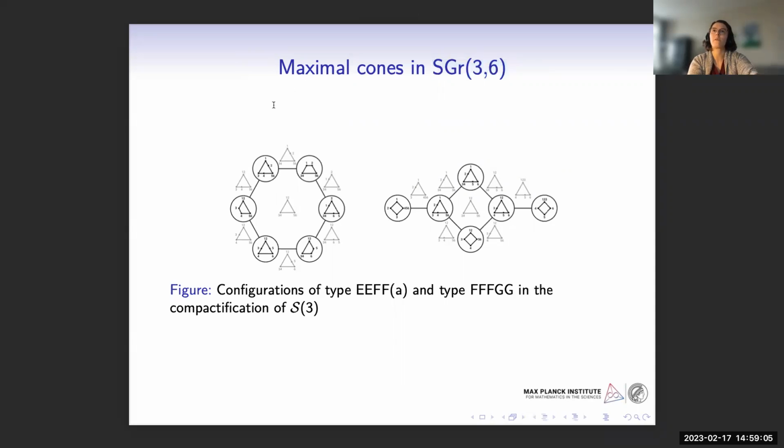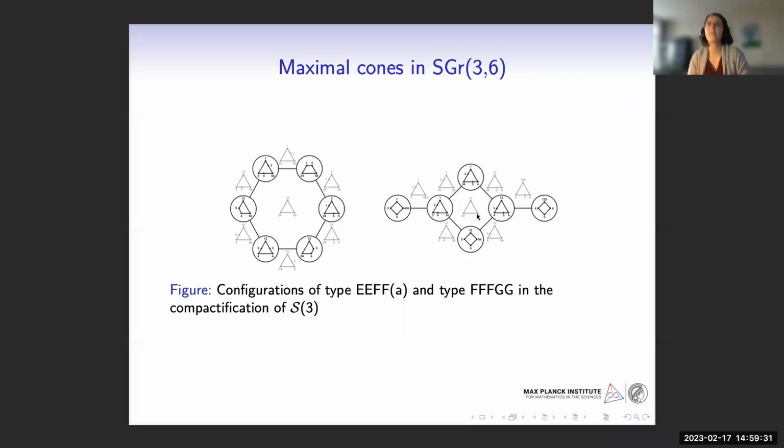These are the maximal cones of the tropical soft-dual Grassmannian. And there are 2 types, this hexagon that we've already looked at, and this other shape, where we also see associated degenerations of points that sometimes are different from the ones we see in the hexagon, but also some of them are the same, like the interior here and here.